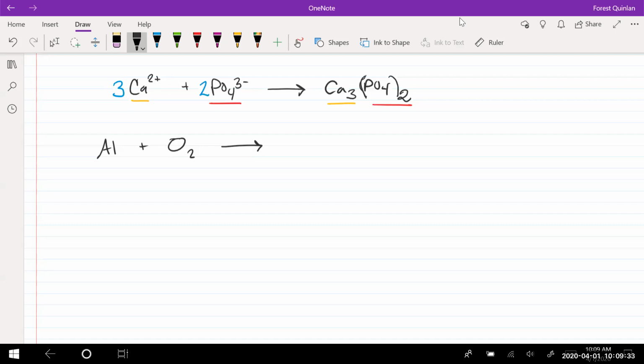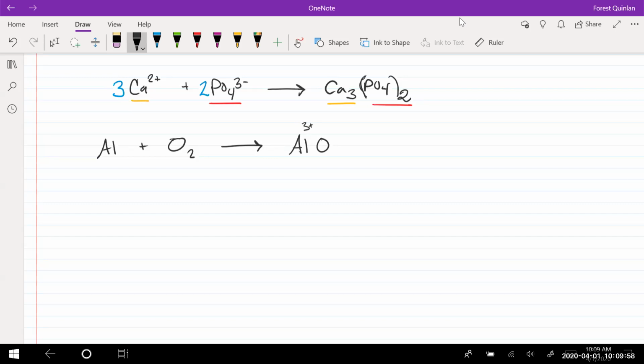All right, I'm going to put these two things together. How would they come together? I know that I have an aluminum part, and I know that I have an oxygen part. Nathan, what's the charge on aluminum? I'll give you 3 guesses. 3.